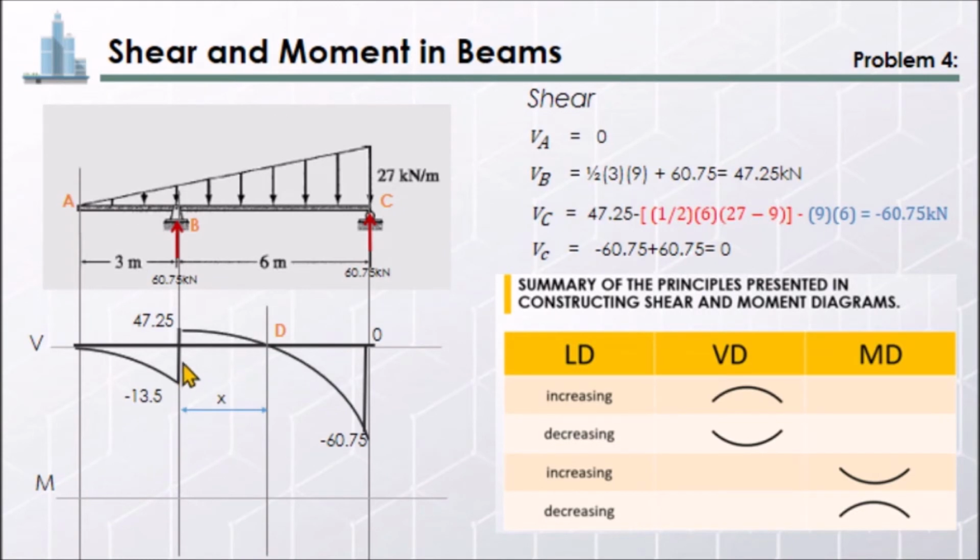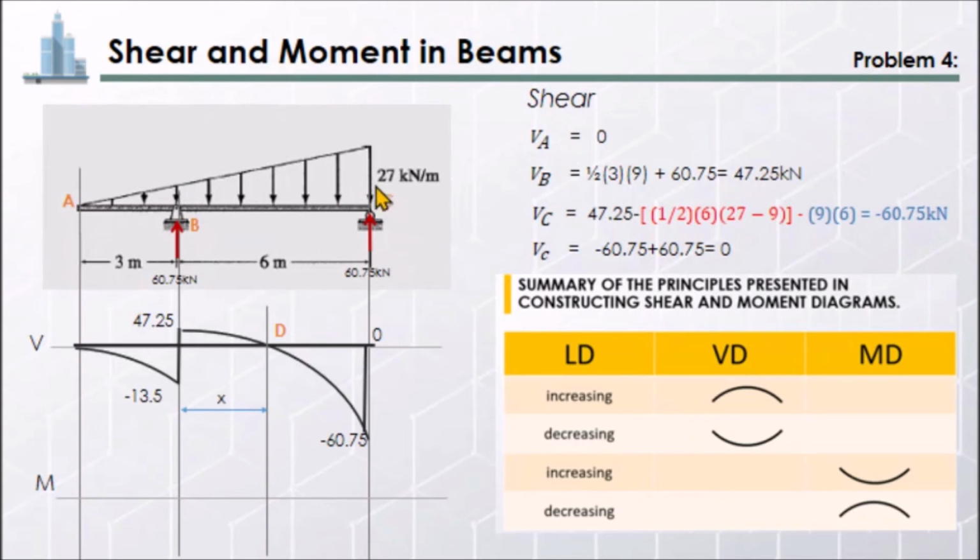So, next naman, dito pa rin tayo manggagaling ha, 47.25. Plus. So, dito tayo class manggagaling sa 47.25. So, minus, since pababa itong B to C natin na load. Trapezoidal load siya. So, again, dinivide lang natin to into 2.